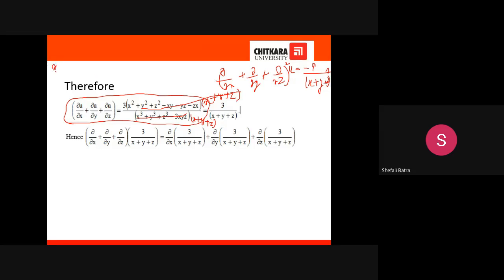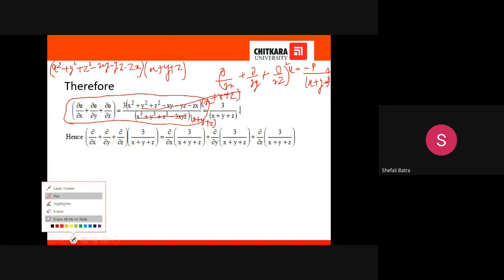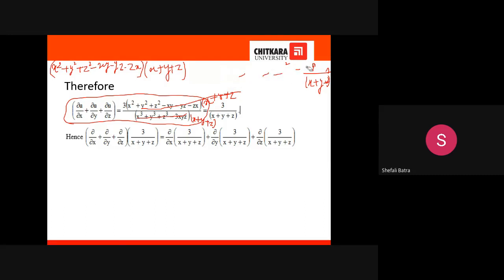Right? You have this identity: x square plus y square plus z square minus xy minus yz minus zx, into x plus y plus z, is equal to x cube plus y cube plus z cube minus 3xyz.